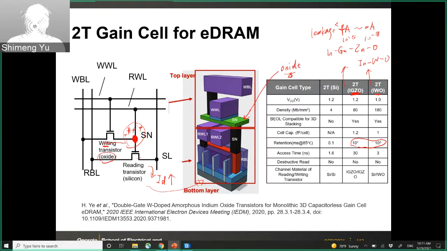The reason is that IGZO is transparent. The band gap is high, maybe 2 to 3 eV, so it is transparent under light. That's why you use it for the display control circuitry.